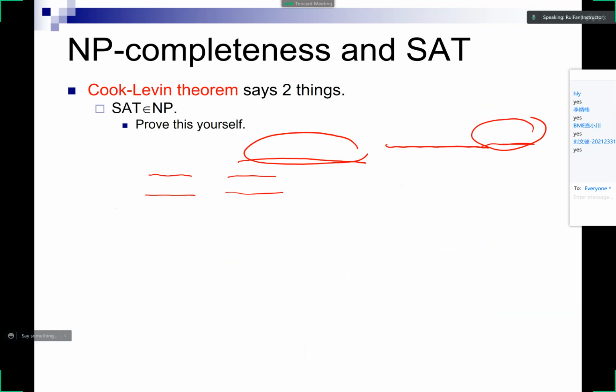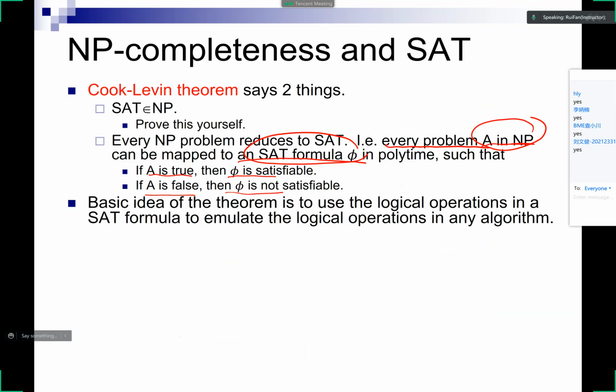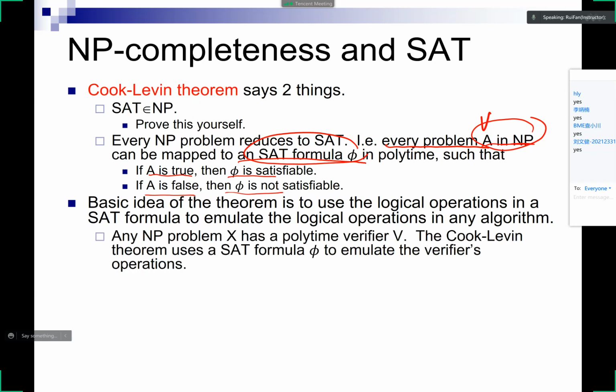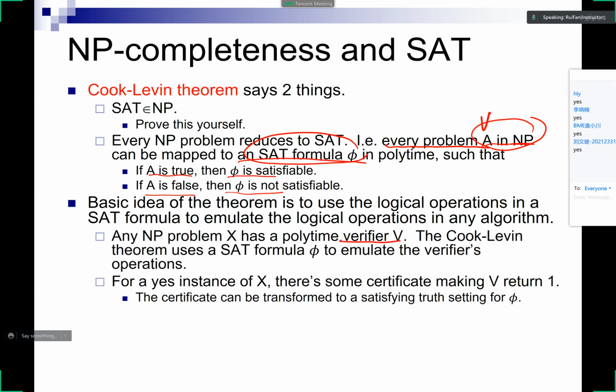In particular, you can model the computation of the verifier. Let's say that this A problem has a verifier V. V itself is an algorithm, and you can use some big SAT formula to model what computation this verifier is doing. You can emulate the verifier.